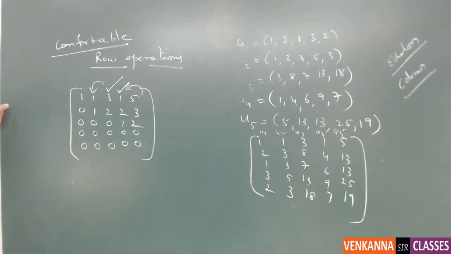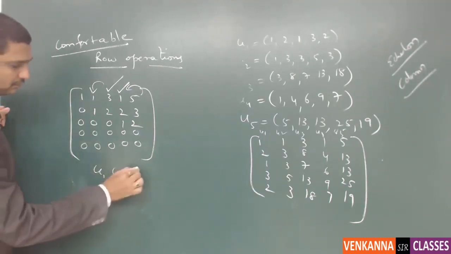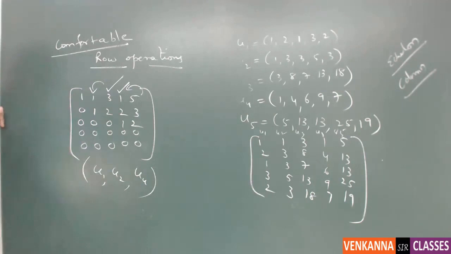So what are the independent ones that you can take? U1, U2 and U4. These are nothing but the independent columns. The first column is independent, you cannot reduce it further. The second column is independent, you are going to reduce this. This column is independent and you are going to reduce this. So these columns will become 0 later. So U1, U2, U4 are nothing but the actual vectors which will form a basis for W. That was the idea. Okay.